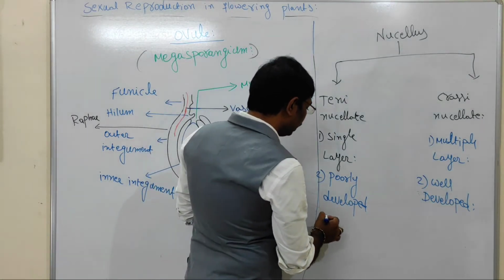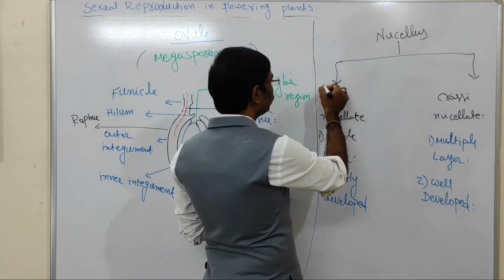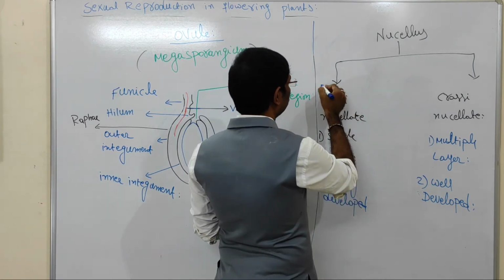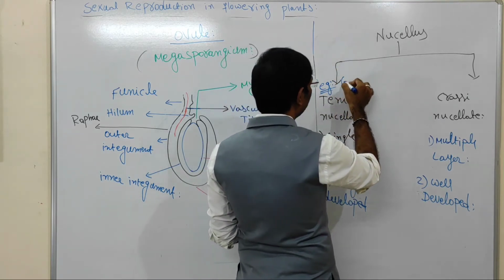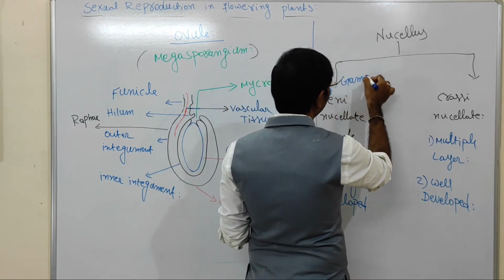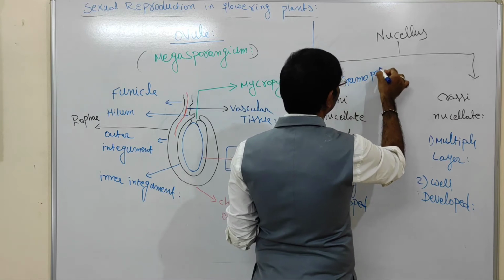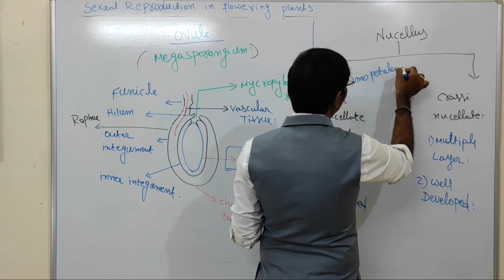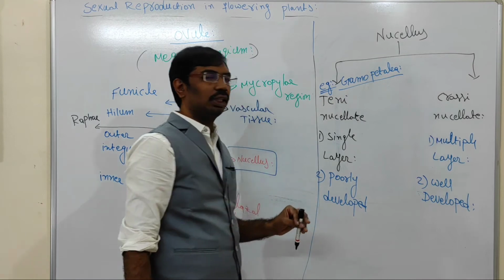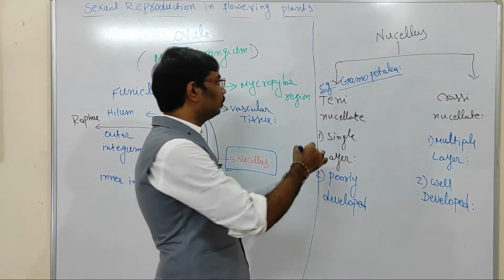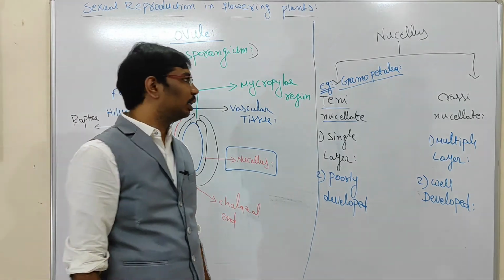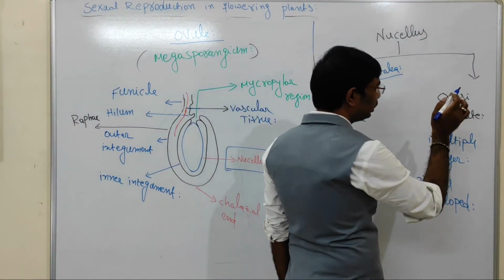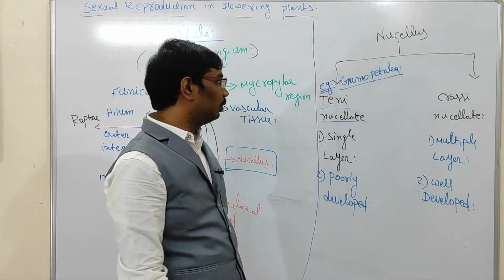Okay, examples of the teninucellate: generally teninucellate is present in the gamopetalae. And crassinucellate is present in which plants?